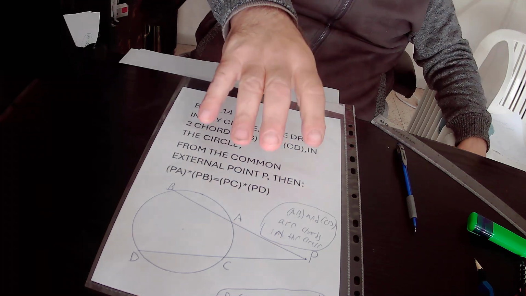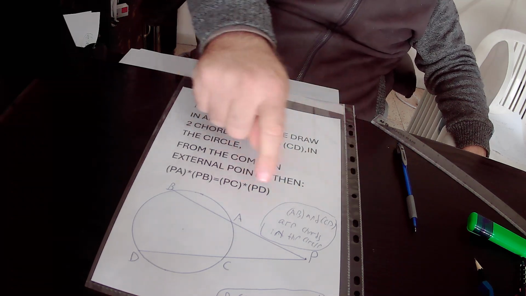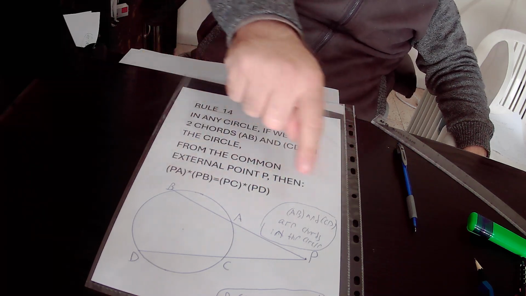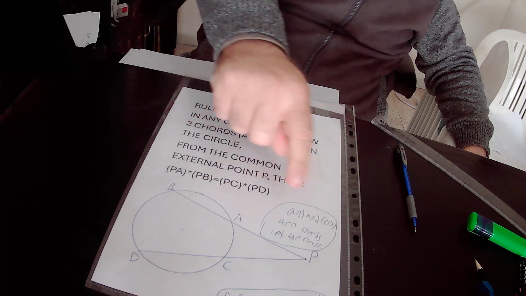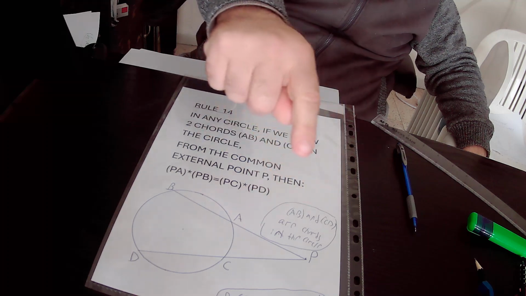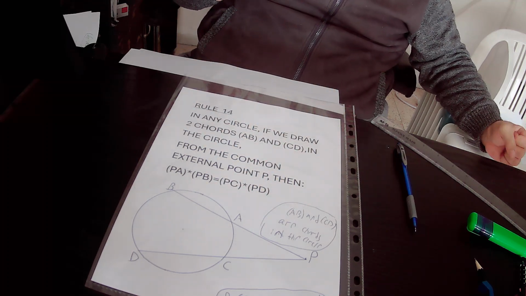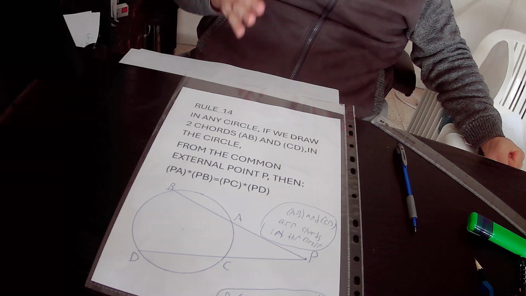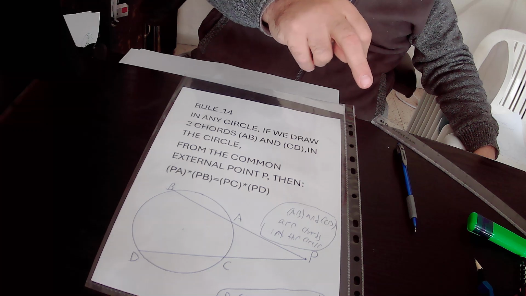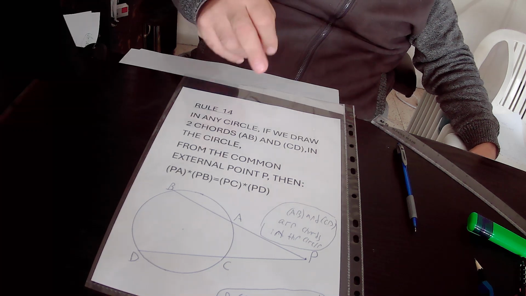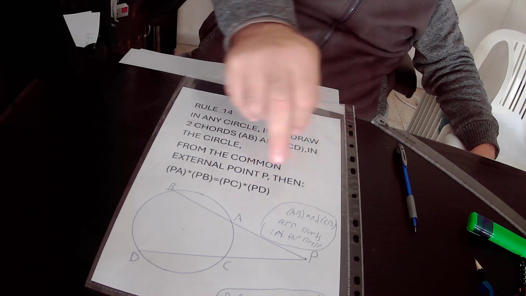In this drawing, the following equation is true: PA times PB equals PC times PD. So, according to rule number 14, whenever you draw two chords to a circle from a common external point P, then PA times PB equals PC times PD.